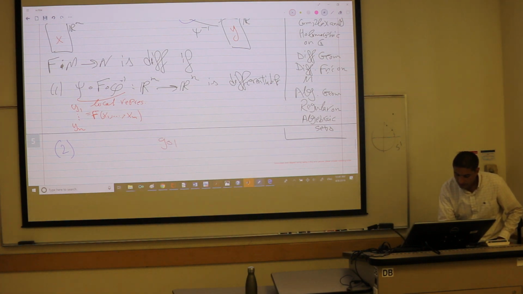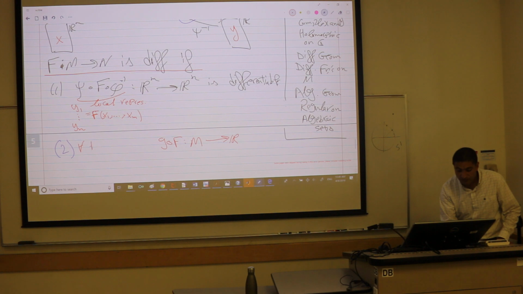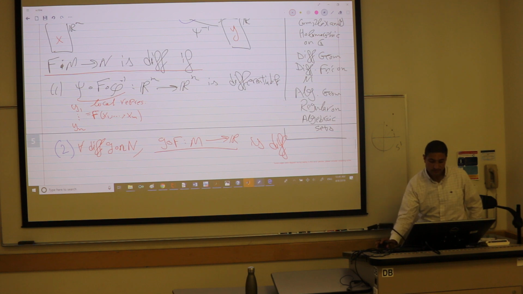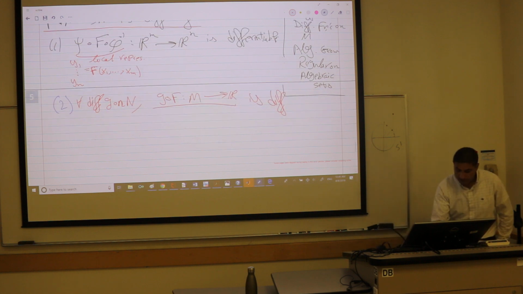So g composed with f is a function on M. So f is differentiable if for any differentiable g on N, we have this guy is differentiable as a map from M to R, right? So we have this alternative definition.